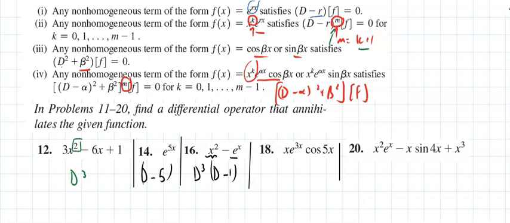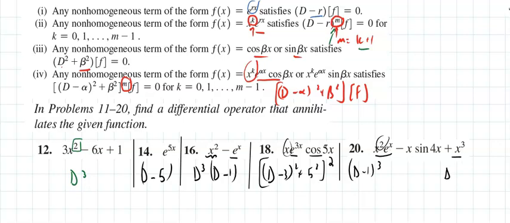Here, the e to the 3x cosine of x and sine of x, that will be d minus 3 squared plus 5 squared, but the fact there's an x there, we're going to go one power above that, which is a 2. And that's how it works. X squared e to the x, well, e to the x is d minus 1. The fact there's an x squared, you're going to take that and cube it.